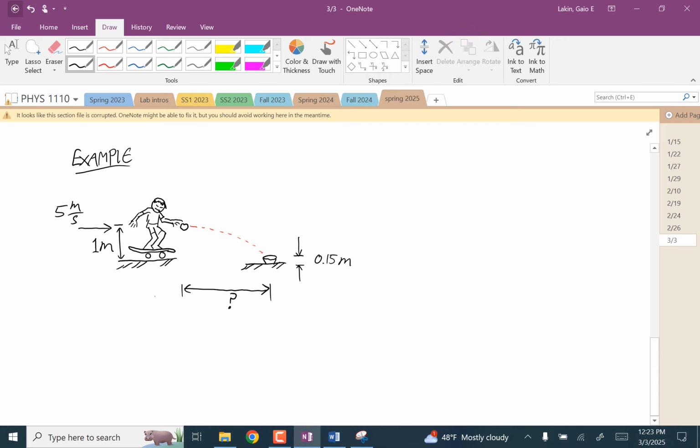This is what we're trying to find. So how far away do you have to be at the drop for the ball to land in the cup?